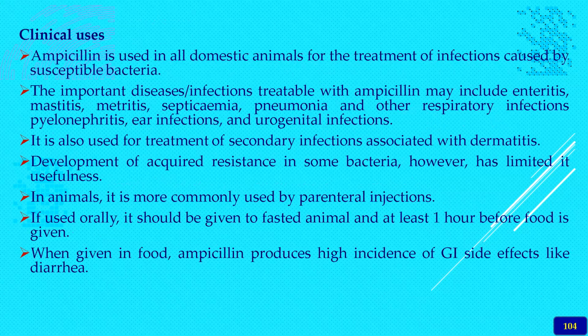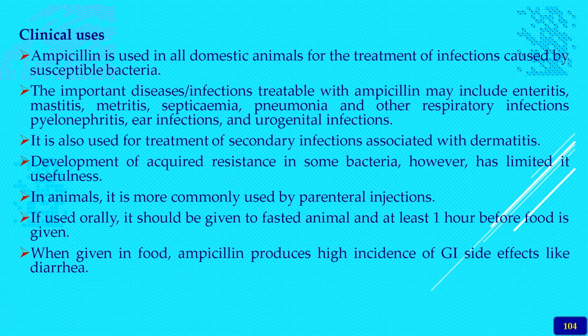Why you should prescribe ampicillin to some domestic animals is that it is used for the microorganisms which are causing some of the diseases. So it is enteritis, mastitis, metritis, then septicemia, pneumonia, and other respiratory tract infections.